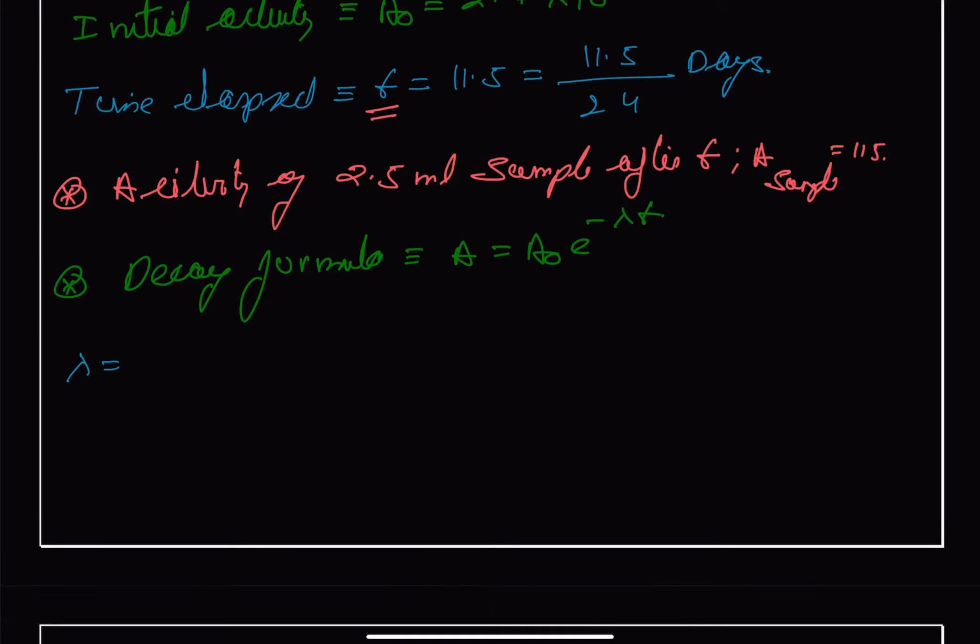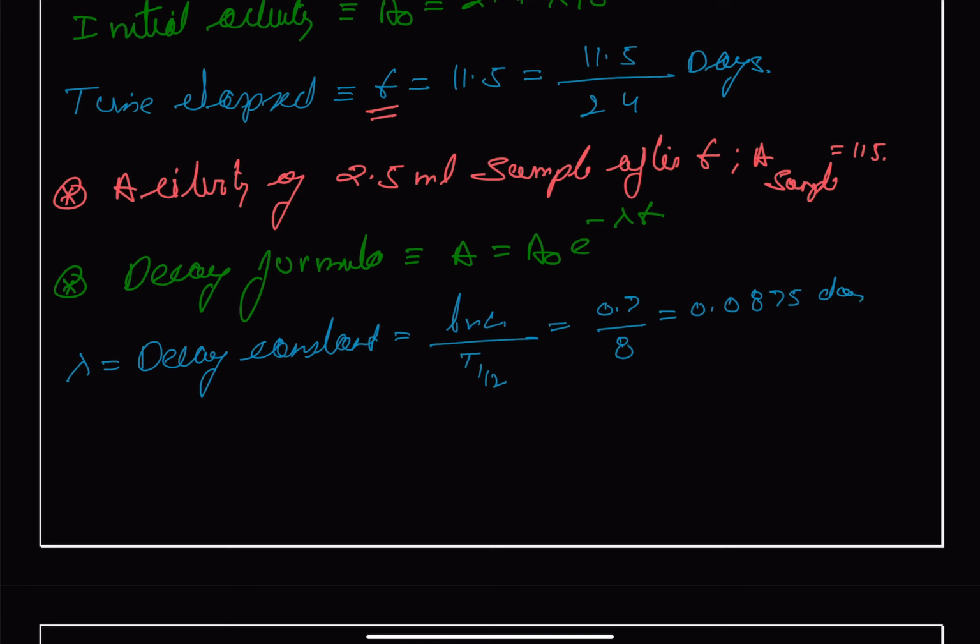Lambda, that is our decay constant, is equal to natural log of 2 divided by t half, which gives us 0.7 divided by 8, which is equal to 0.0875 days inverse.